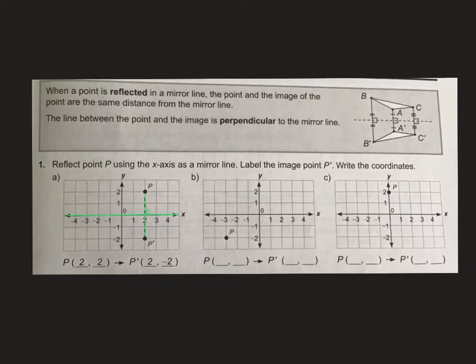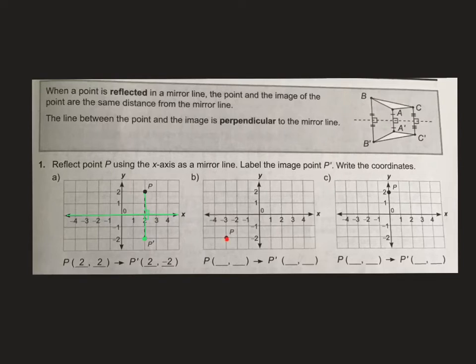Notice that they both make 90-degree angles with the x-axis. So you've located P image and labeled it with the apostrophe. That's what the image part is, the apostrophe. The x value is 2 and the y value is -2, so you put those coordinates in.